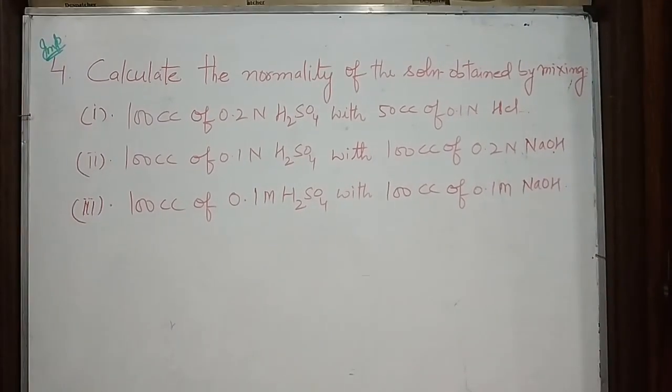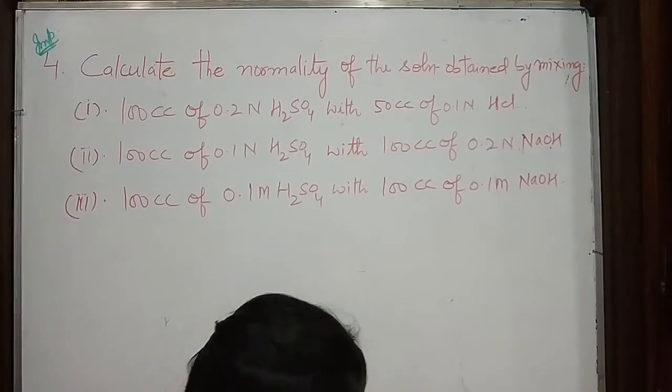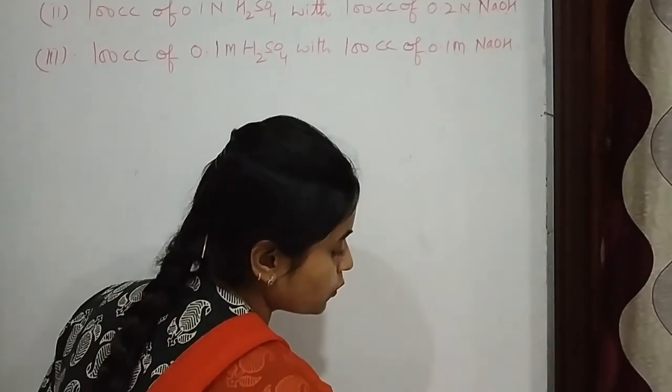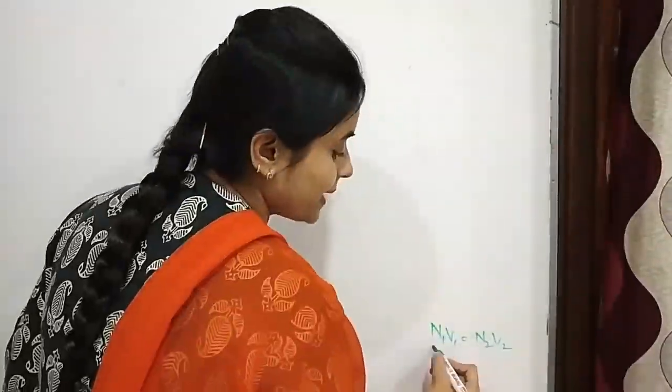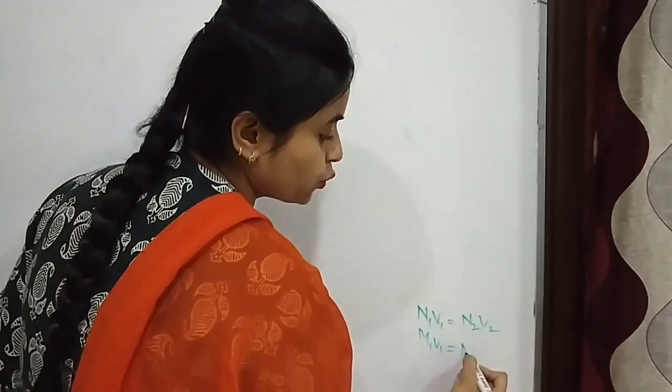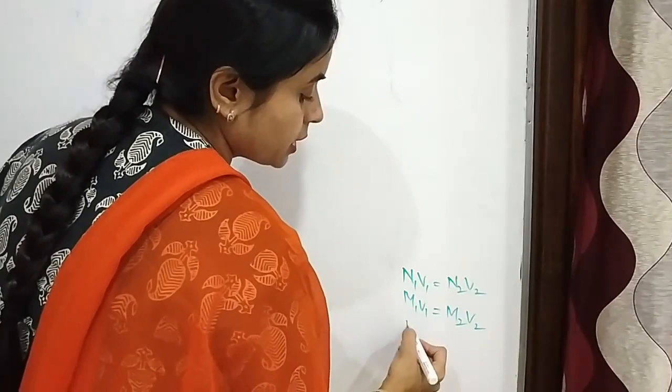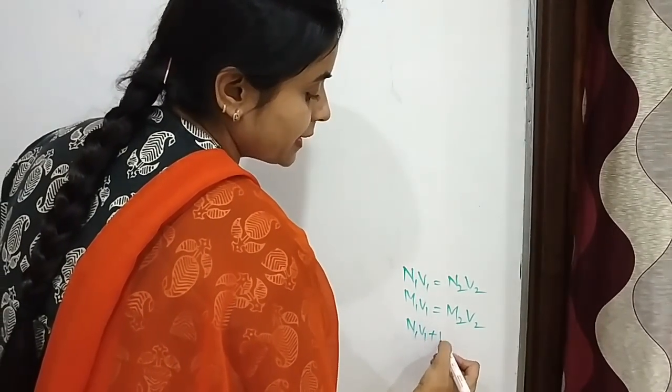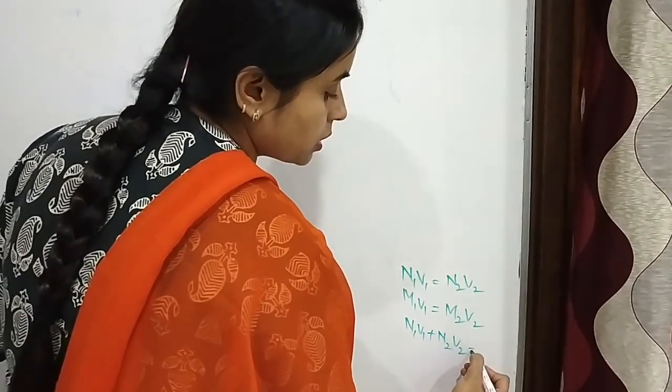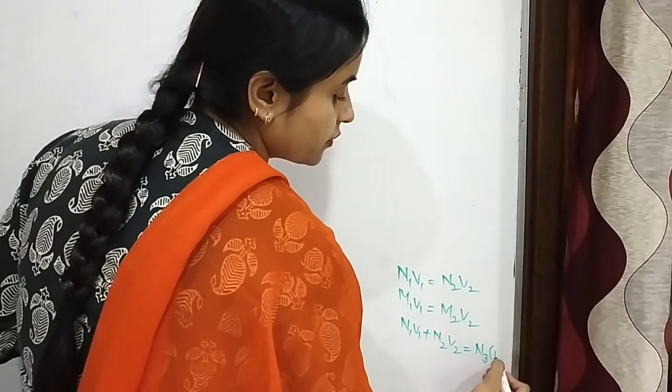I told you about some relations like N1 V1 equal to N2 V2. Similarly, M1 V1 equal to M2 V2. Then N1 V1 plus N2 V2 is equal to N3 (V1 plus V2).